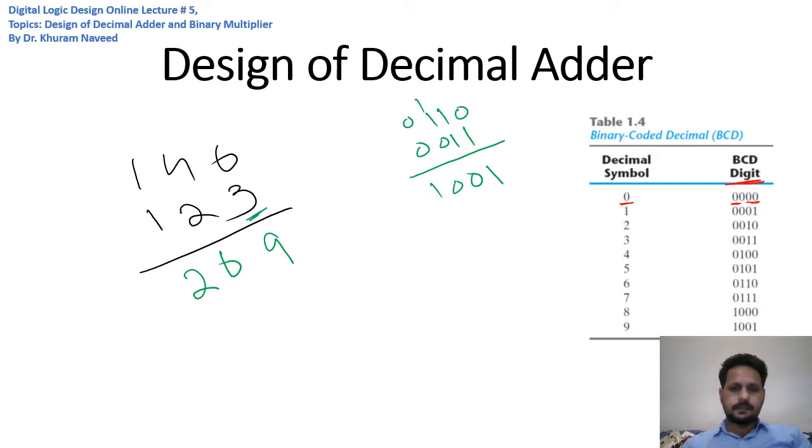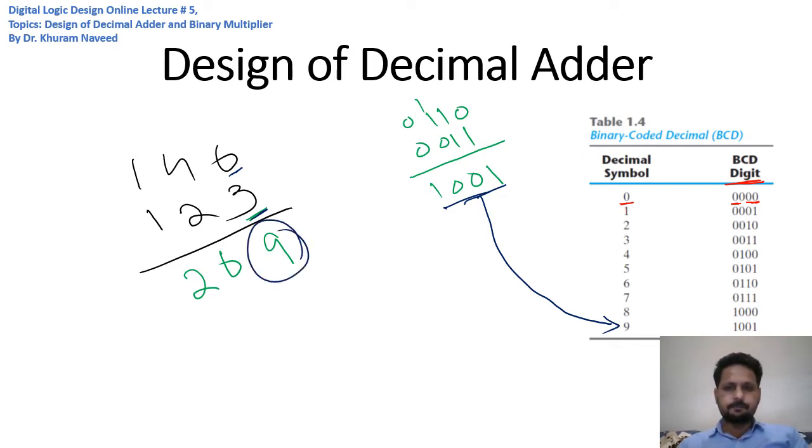And if you just look at it, this is the BCD of 9, right? So the answer of this 6 plus 3 is 9 here, and here again using the BCD codes we get the same answer, right?